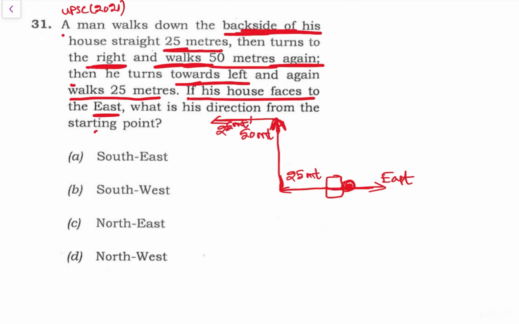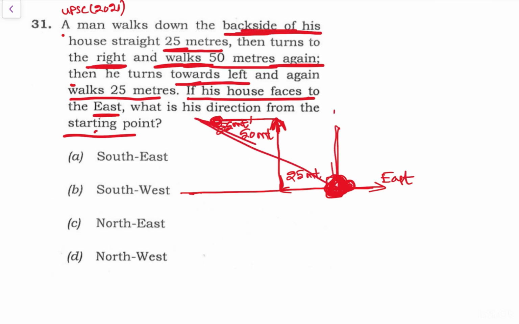If the house faces east, then from the starting point, in which direction is he? He is in the northwest, right? Obviously north and west, so the northwest direction.